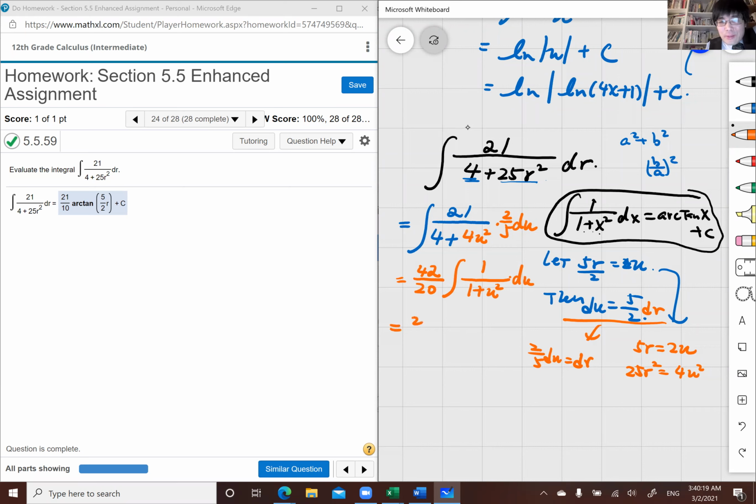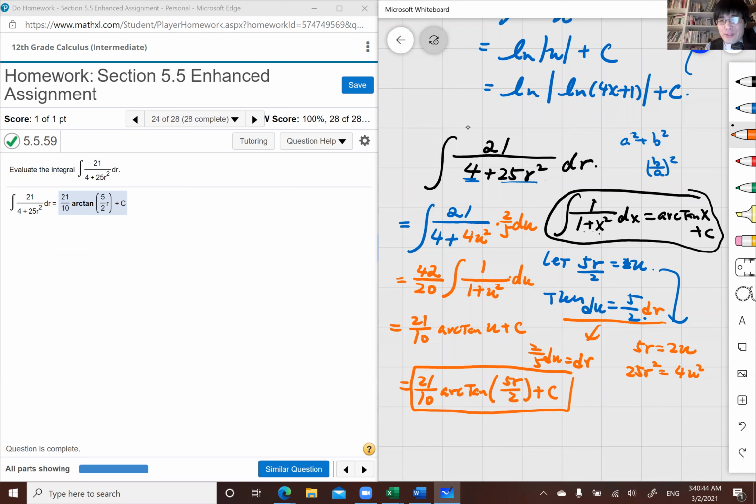It's going to be arctangent of u plus c by the formula. Bring u back into x, so it's going to be 21 over 10 arctangent of 5r over 2 plus c. Okay.